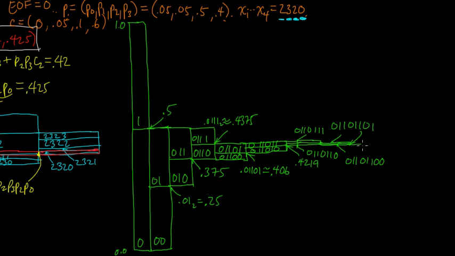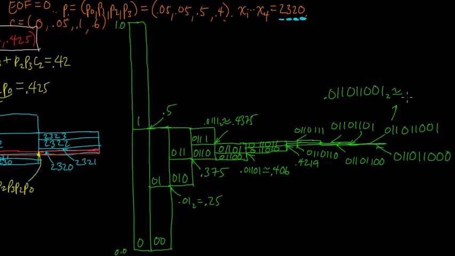So yet again, if you divide it one more time, the lower one is 011011000. The upper one is of course 011011001, and the corresponding binary number 0.01101101 is roughly, what is it, 0.424, which is in our interval.